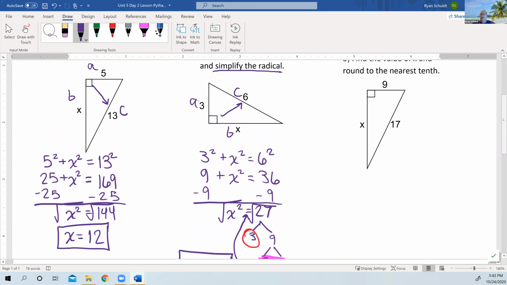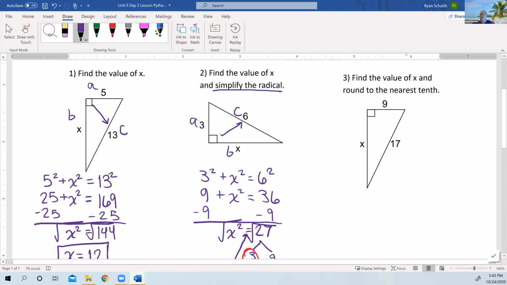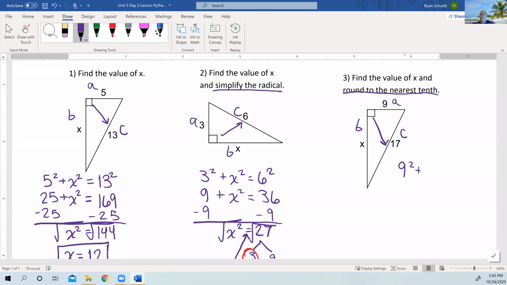Okay, next one. We have to find x, but this time it says round to the nearest tenth. So I need to see what's A, what's B, what's C. So that one's always going to be my C. Say A and B. So if I set this up, I'll have 9 squared plus x squared equals 17 squared.